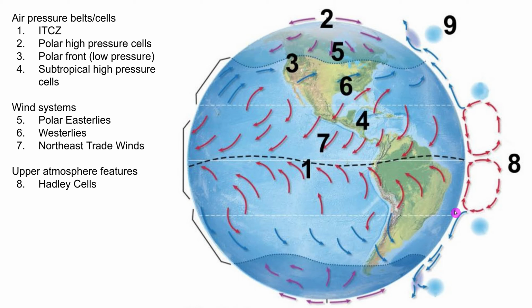And then over the polar fronts, we have the polar jet stream, that ribbon of high velocity air that shifts around, and the polar front kind of follows where the polar jet stream is.